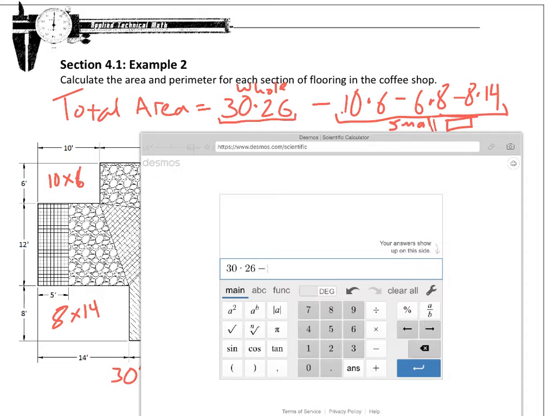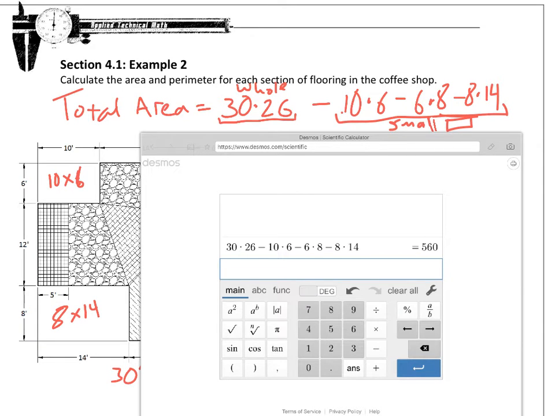All right? And so we're going to subtract all these little pieces. 10 by 6, which is obviously 60. And if you want to do some of this multiplication in your head, it's good. It's not a bad idea. 6 times 8, you could just put in 48. All right? And 8 times 14. Sometimes doing some of the simple steps will avoid silly mistakes by typing. All right, that sounds about right.